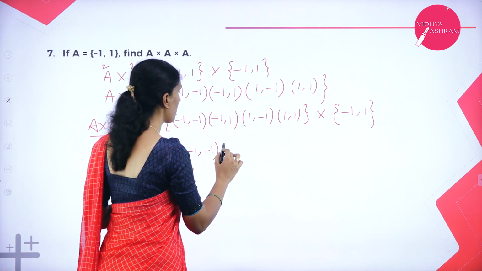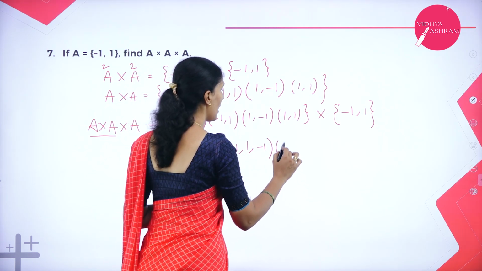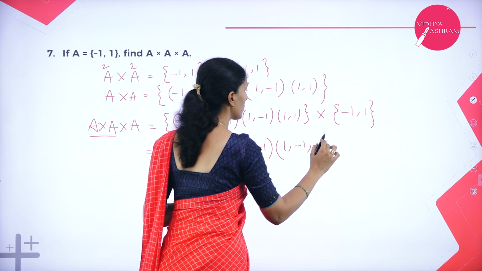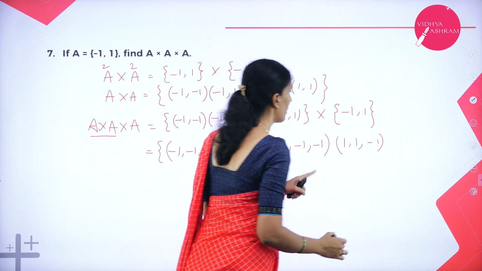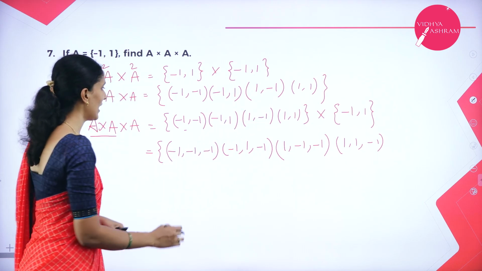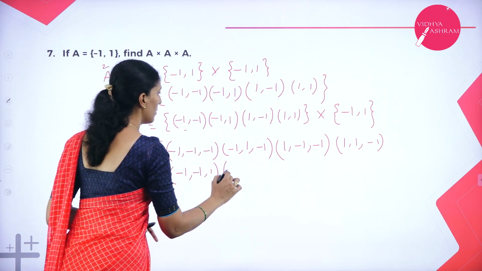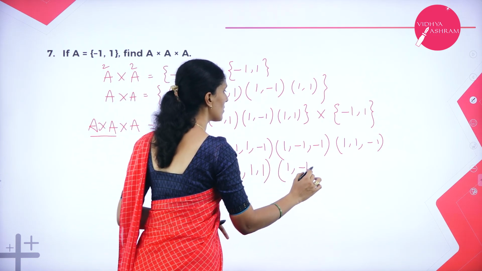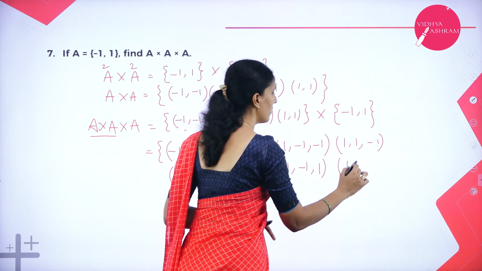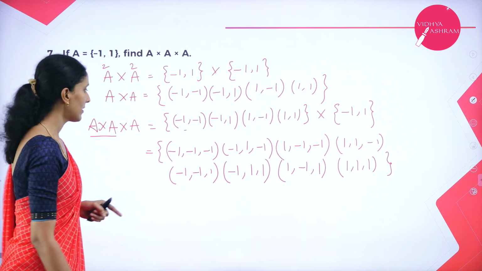Next we have (-1, 1, -1). Next (1, -1, -1). Next (1, 1, -1). Next, pair all these with the second element, that is 1: (-1, -1, 1), (-1, 1, 1), (1, -1, 1), (1, 1, 1). How many elements? 8 elements.